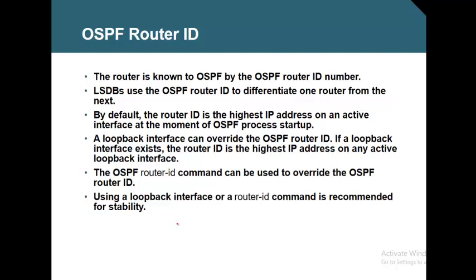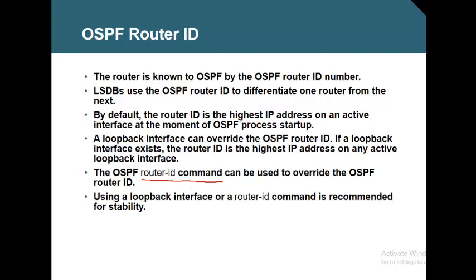So OSPF is designed to use one of the IP addresses as the router ID if we don't specify one. You can specify every router a unique ID using this command. But when you don't do that, it automatically picks an IP address.